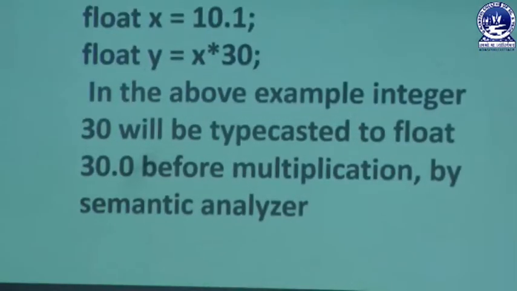Here I have used one example. In the example I have used float x, the value is 10.1, and another one is float y equal to x into 30. In the above example, integer 30 will be typecasted to float as 30.0 before multiplication by the semantic analyzer.